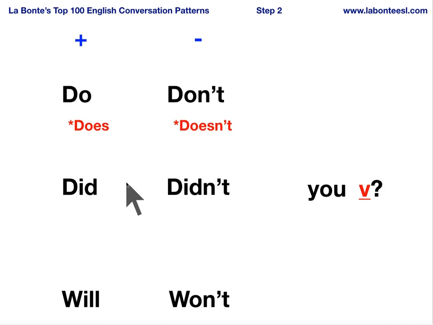So the overview of what we study with the first two lessons: the first step that we take is to introduce them to the positive question-making skill. The second step is to introduce them to the negative question-making skill.